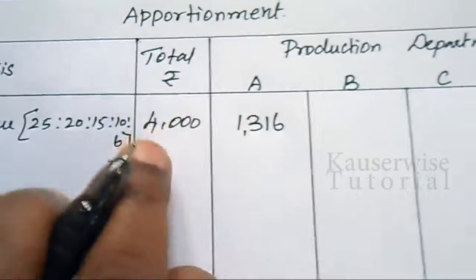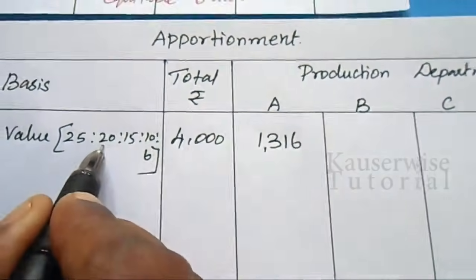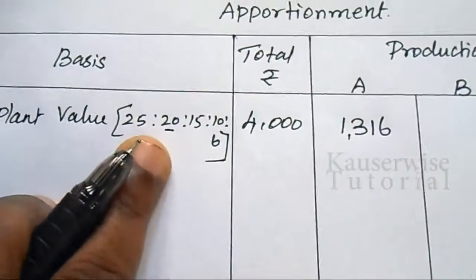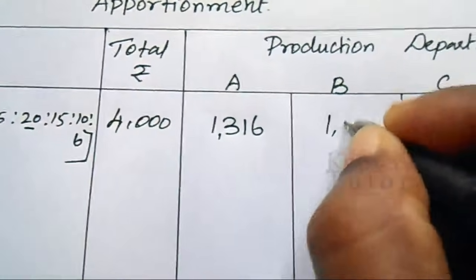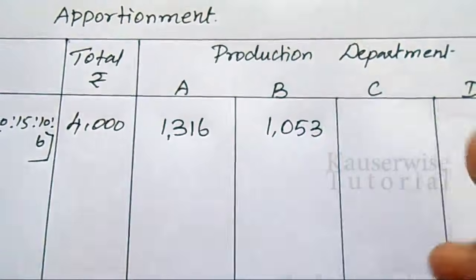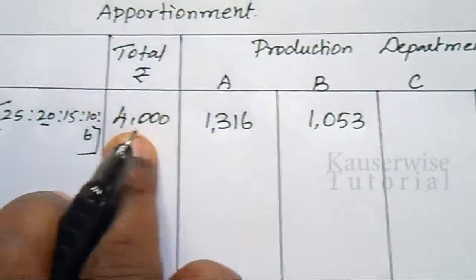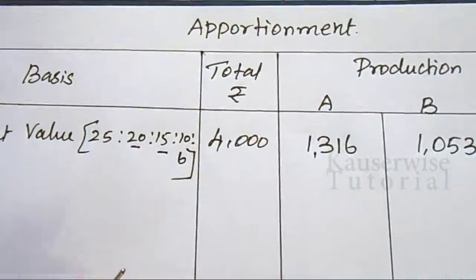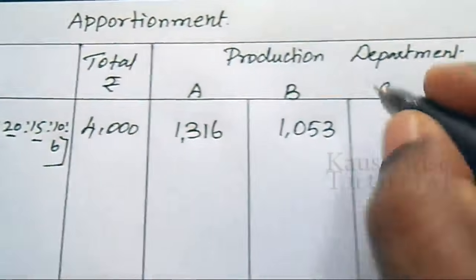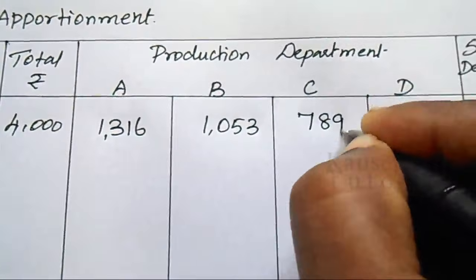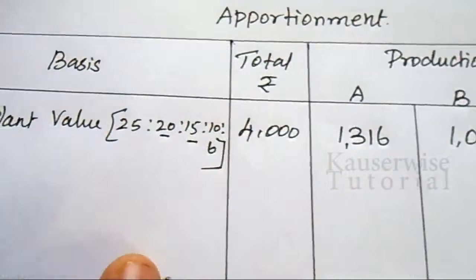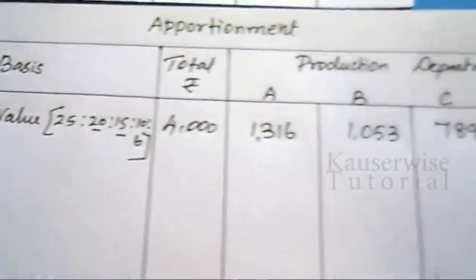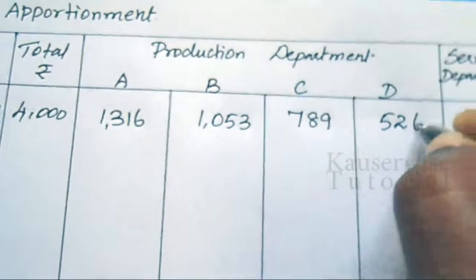The next, department B: 4,000 into 20 divided by 76. What is the value? 1,053. Then for C, 4,000 into 15 divided by 76 is 789. Then for D, 4,000 into 10 divided by 76 is 526.